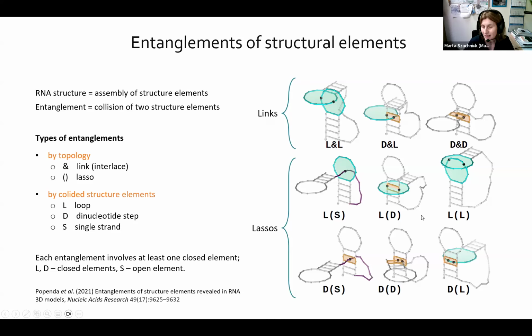In these types of entanglements, we have one element which functions as a kind of lasso, a lassoing element, and the other element which goes through the lasso. Again, the lassoing element is a closed element, like a loop or a dinucleotide step, and the one that goes through the lasso can be either an open element, a single-stranded fragment denoted here by S, or a closed element denoted by L, loop, or the dinucleotide step.